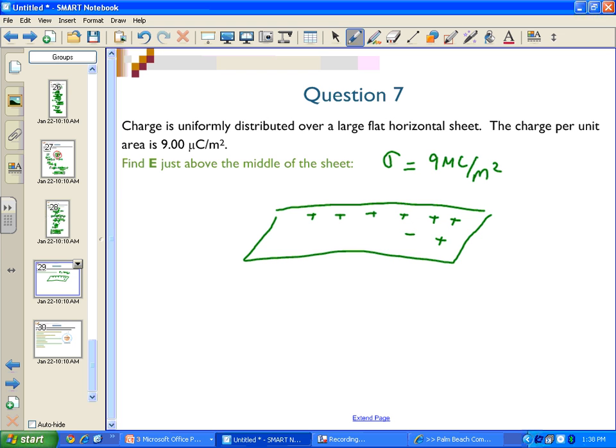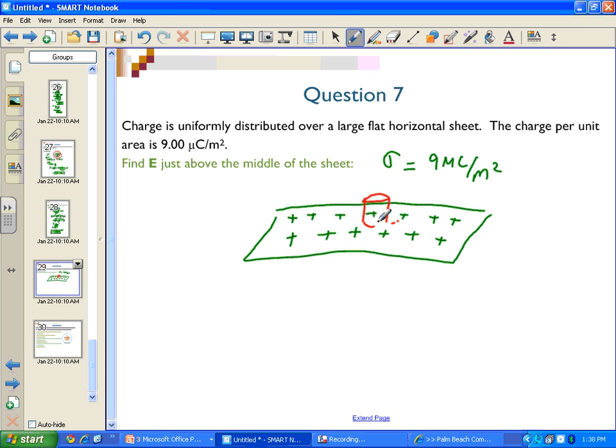Well, we know that this is a very large sheet, and so provided we keep the distance where we're calculating the electric field relatively short compared to the dimensions of the sheet, then we're assured that we can get an accurate value. Now, we are given the choice. We could use a cube if you like, or we could use a cylinder for our Gaussian surface.